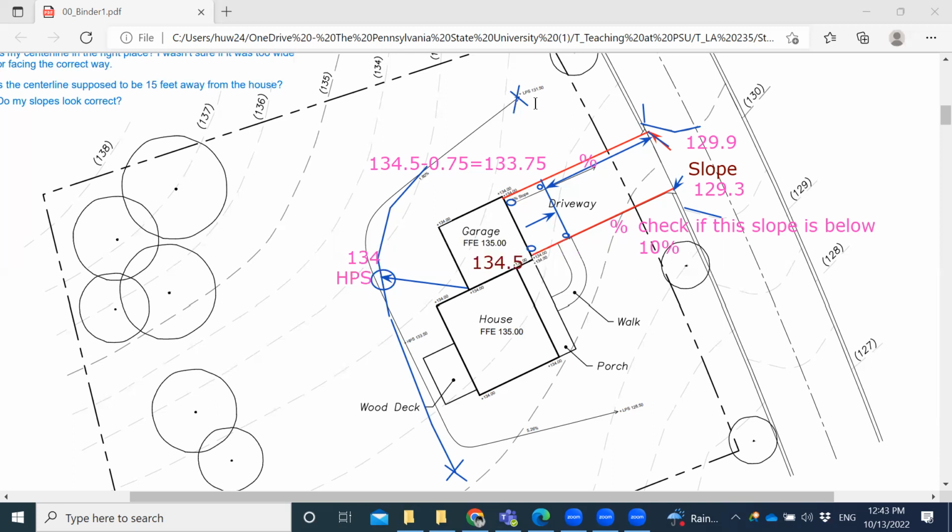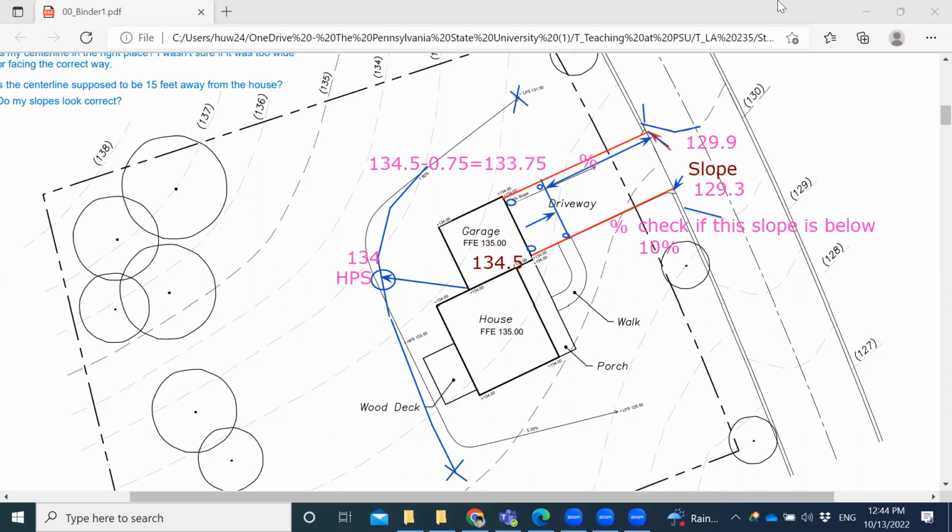And then using 134 and 131.5, 134, and here is around 130, using these numbers to calculate your slope. Okay, so that's how you would start from this direction, from the garage, using a specified FFE to verify the slope of the driveway works. And then if it works, we go to HPS. Okay. So that is this portion.